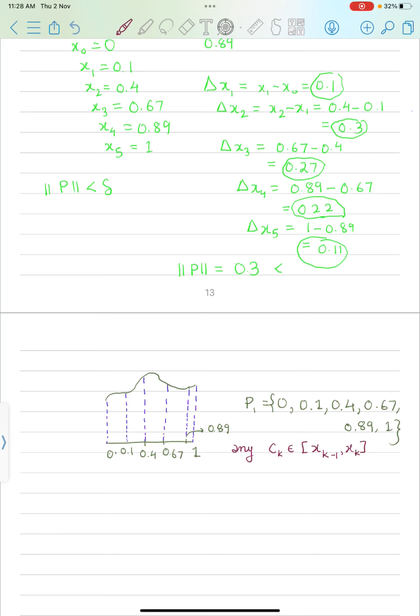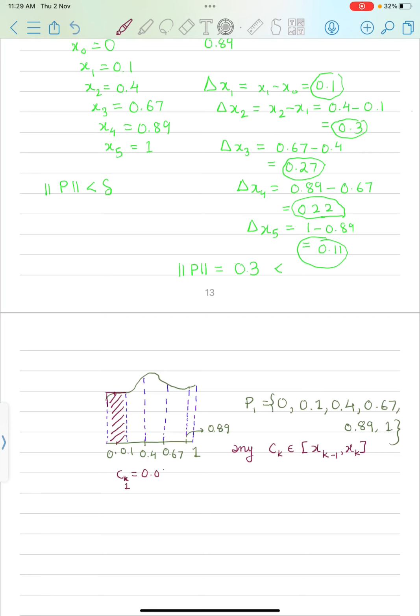So you might as well take this point between 0 and 0.1. What is the value here? This is the value here, so you will get this area.